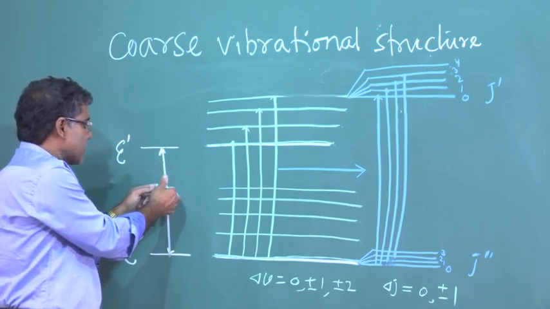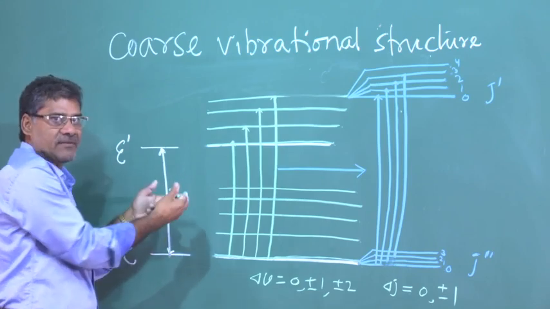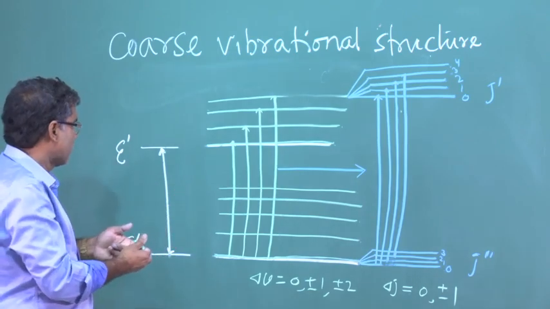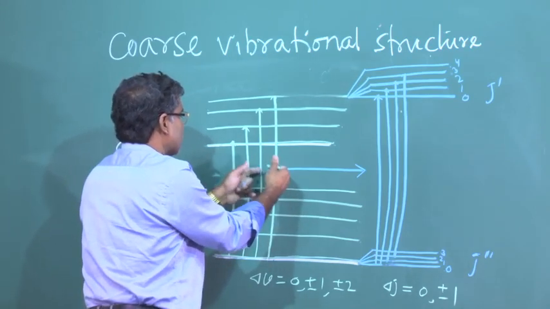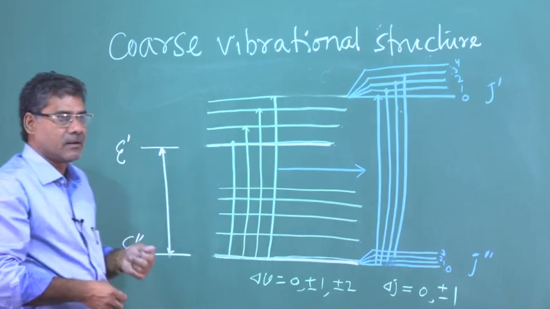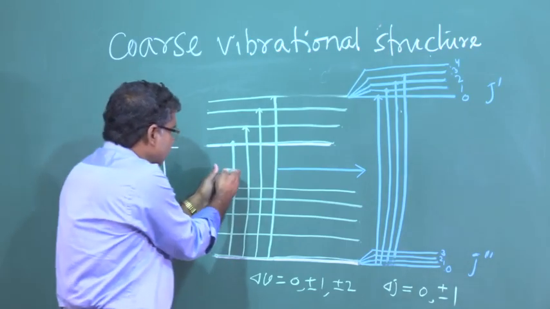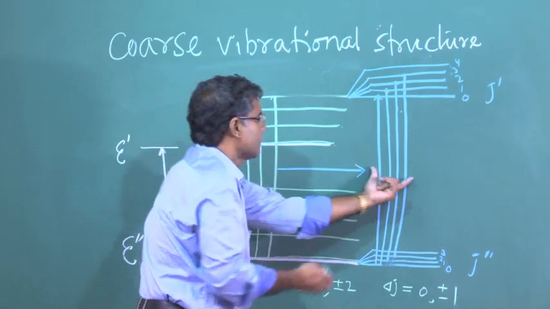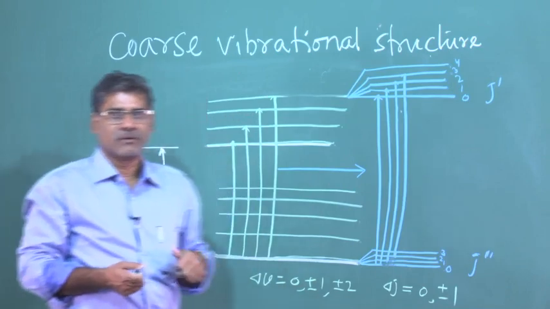Now, these electronic spectral lines have a coarse structure due to vibration of the molecule. So, we call that the coarse structure of the electronic spectra. Now, each line again consists of a few lines.